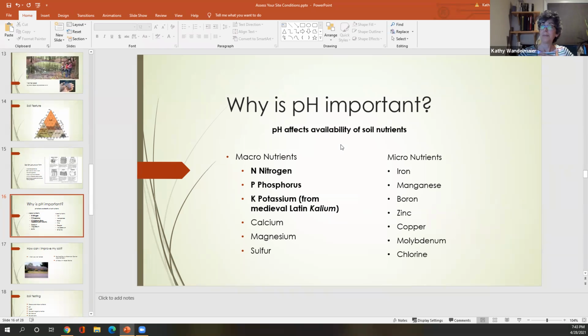The main thing you want to think about with pH is finding out what pH you have. And then fortunately, most plants that we see in this area of the country are well adapted or prefer an acidic soil. So you really don't have to do too much. The one thing that people do around here is lime their lawns because grass really prefers a more neutral pH.